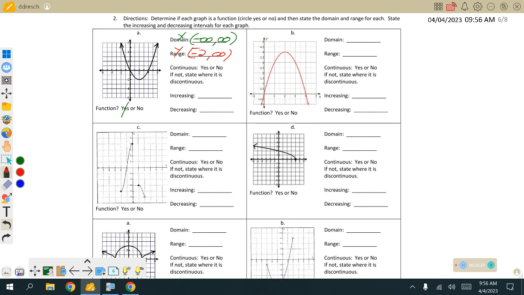Sometimes it is, but sometimes you overthink it. So, you all shook your head, yeah. Would you say this is continuous? Okay. Yeah, this is a continuous graph. If you can take your pencil and trace that graph without picking it up, then we say that graph is continuous. Nothing crazy.